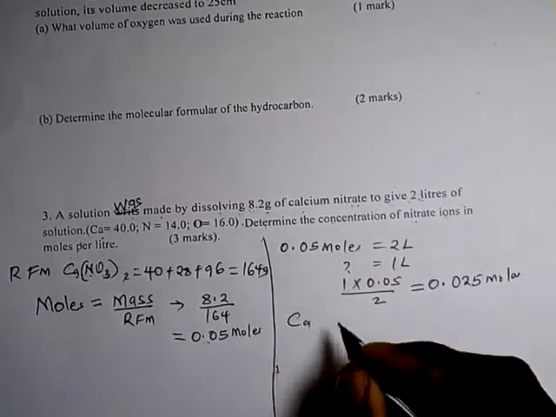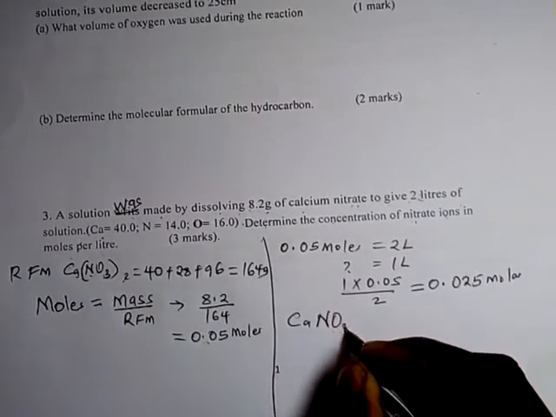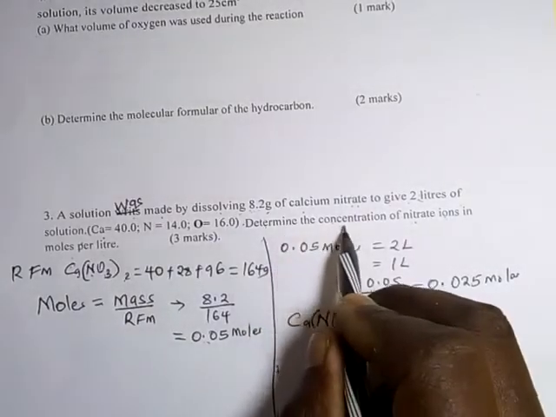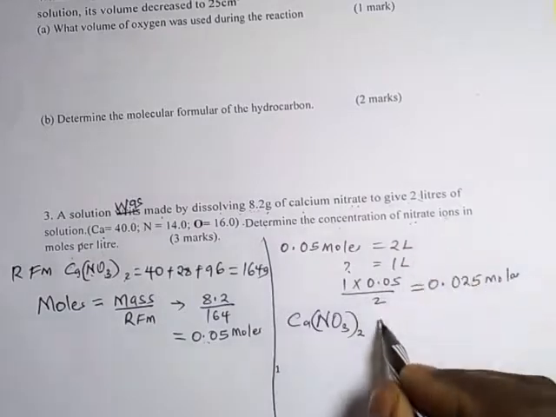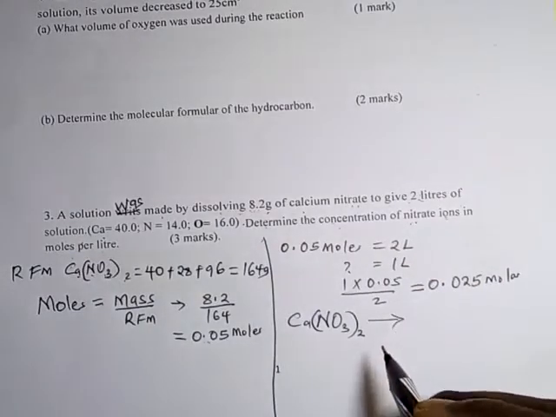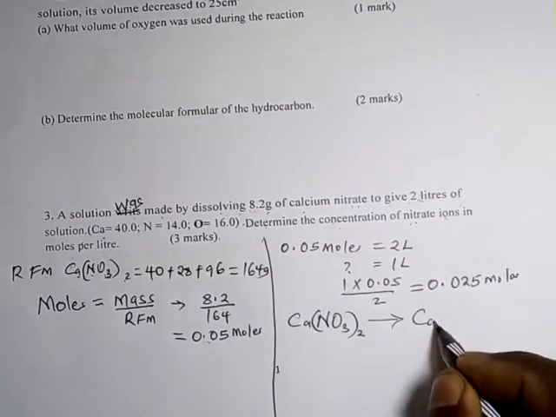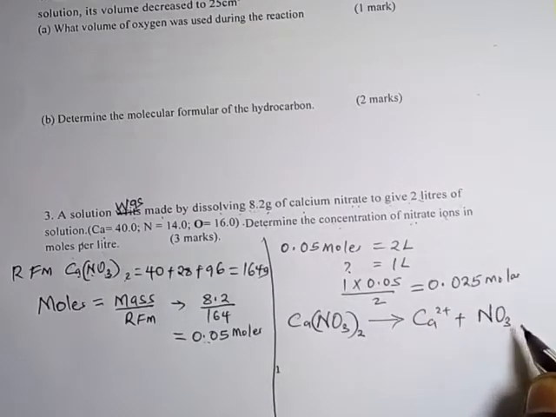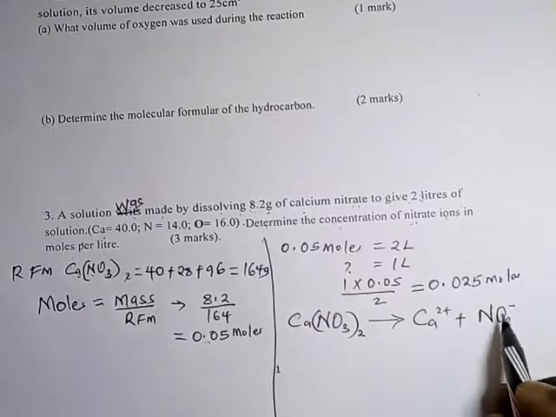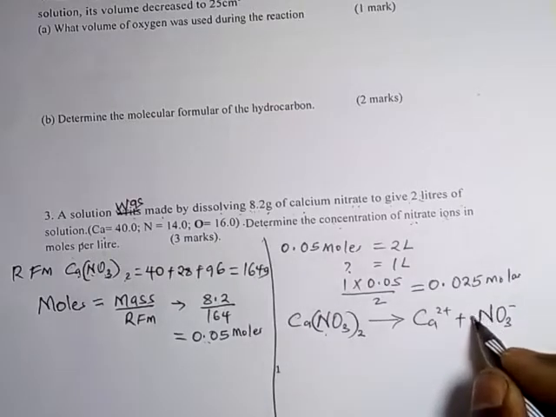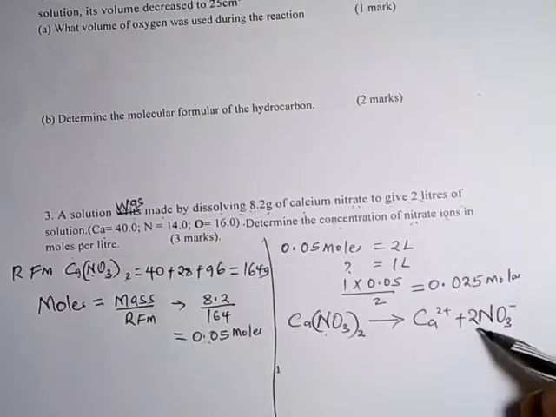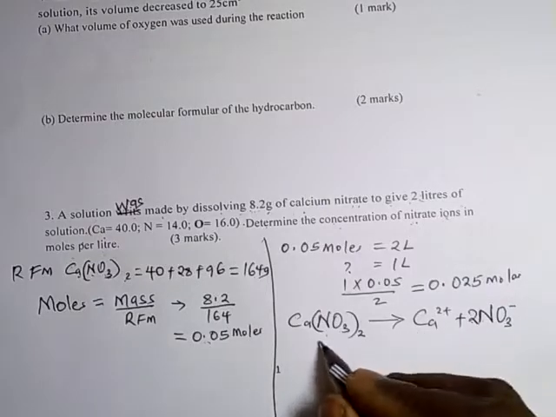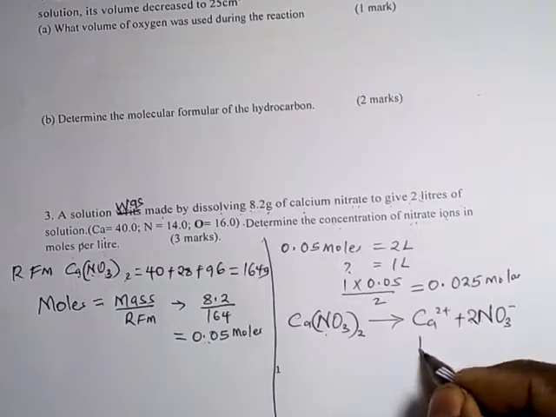Calcium nitrate, because we have been asked to give the concentration of nitrate ions, it will give us calcium 2 positive plus nitrate. But the nitrate here, to balance it, there are 2 of them. So we have 2 moles of nitrate. You can see now the ratio of the calcium to the nitrate is 1 to 2.